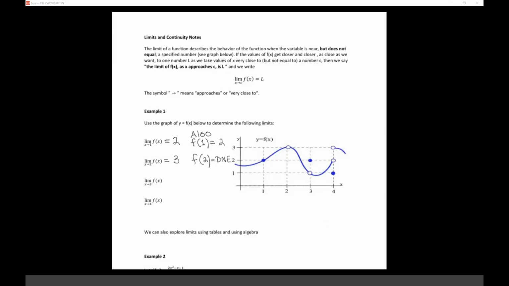So most of the weird behavior happens in rational functions or piecewise defined functions. If you've got well-behaved functions like polynomials, not so much. The limits and the function values are going to be the same there. But if you've got functions with holes or jumps, that's where you're going to have a difference between the limit value and the function value.